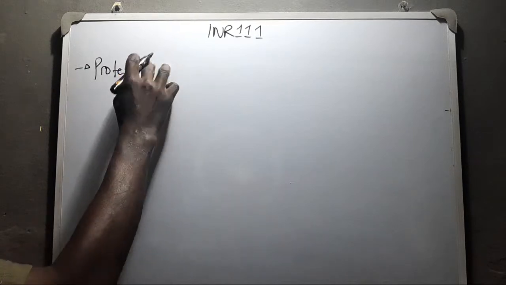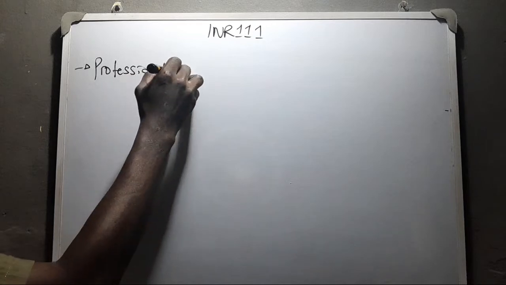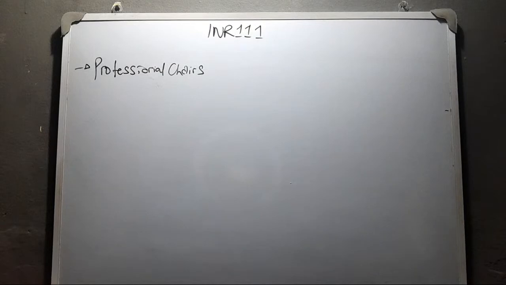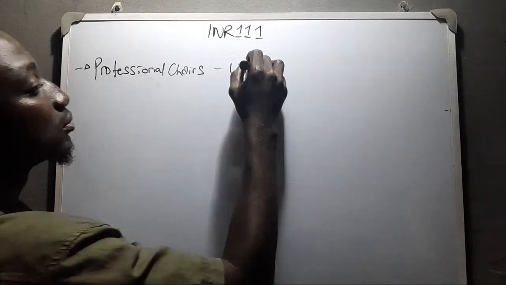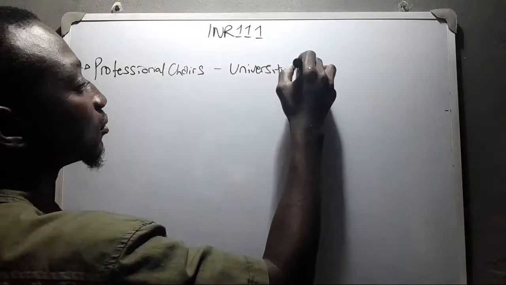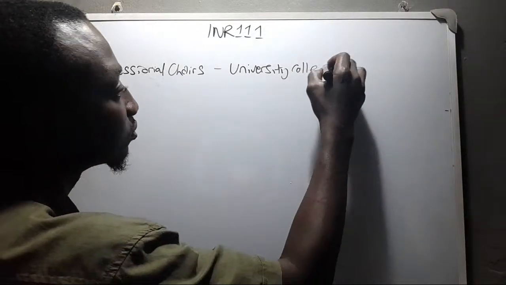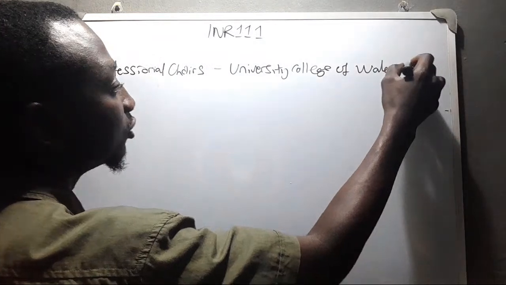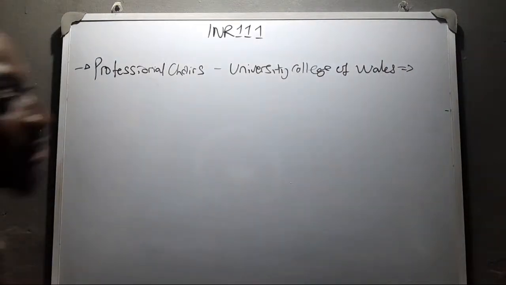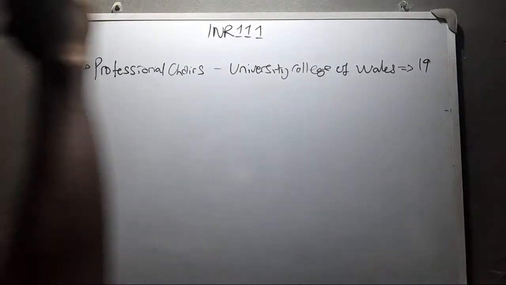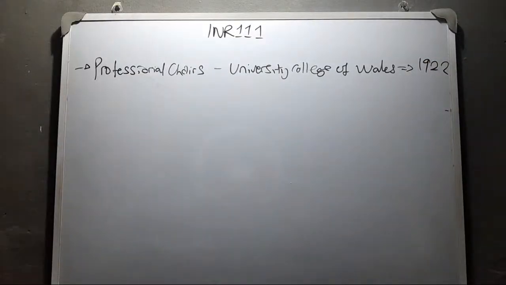Questions like this can be thrown at you: where was the professorial chair established, or in what year was the professorial chair established at the University College of Wales? In the year 1922, in Aberystwyth.